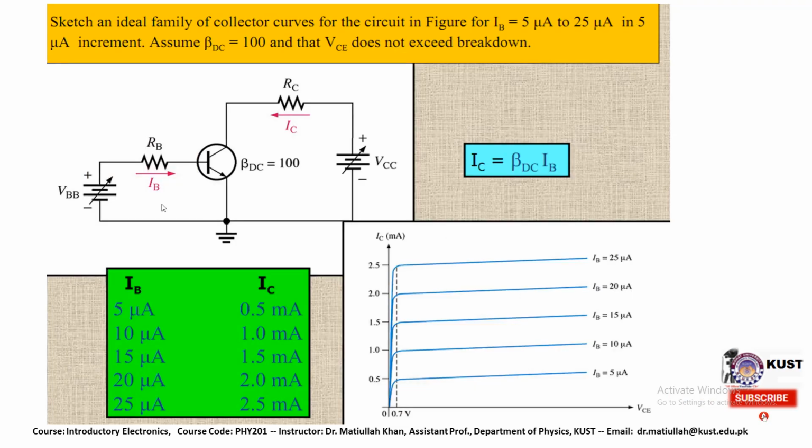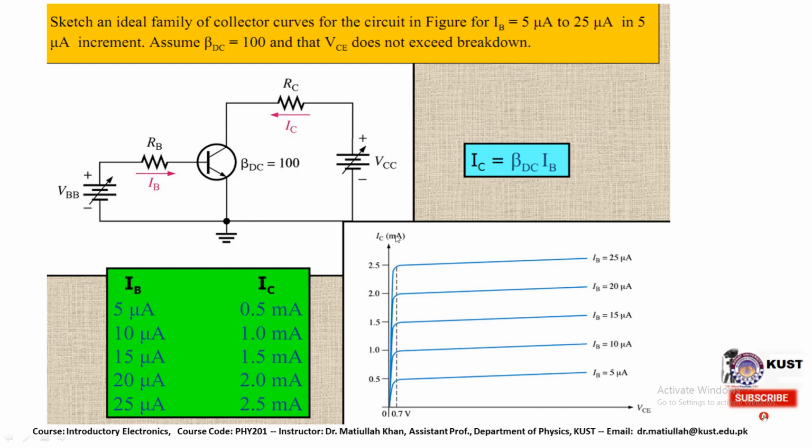This is the solution of the previous problem we discussed in the last slide. We need to draw the ideal family of collector curves for the circuit, and the values for the base current are mentioned here: 5, 10, 15, 20, and finally 25 microampere.